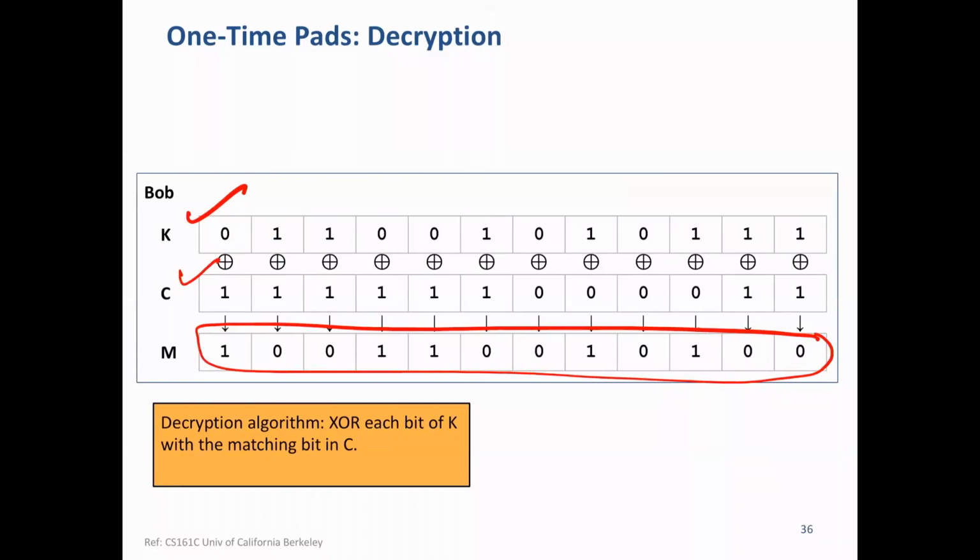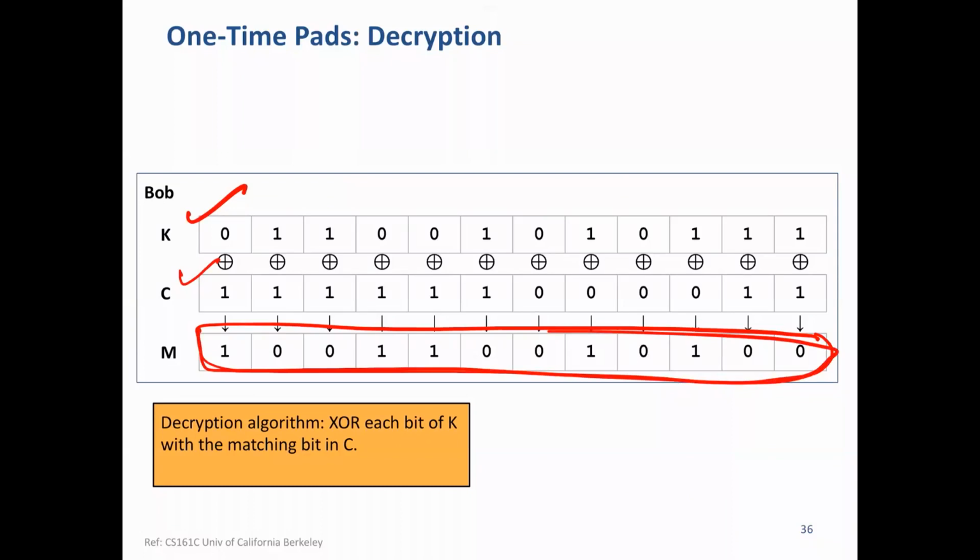Because first, the key generation, which we'll discuss. First notice one thing: the message size and key size have to be the same. If the message is 1 megabyte, then the key also has to be 1 megabyte.